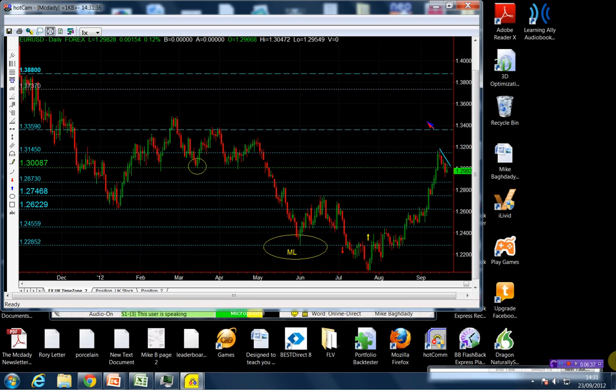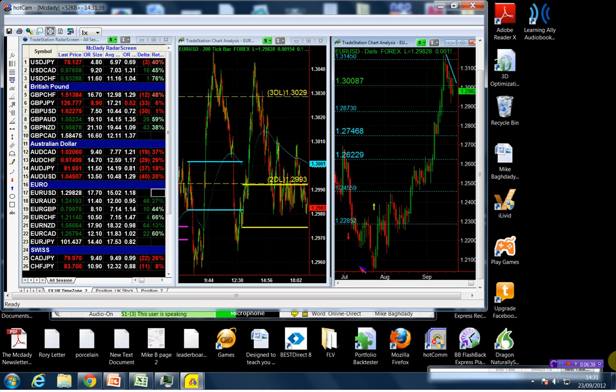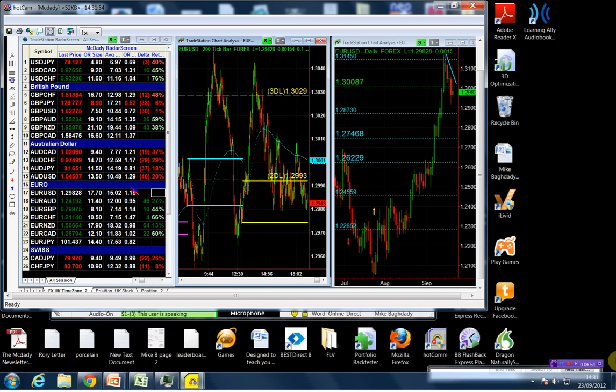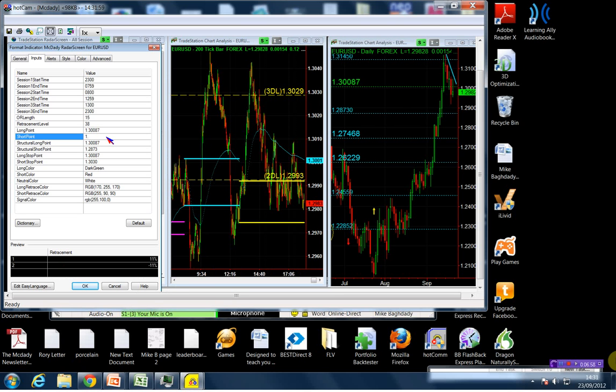So on the short, I'm going to go short below the 129.19. And our structure point is the 128.73, which we had from last week.